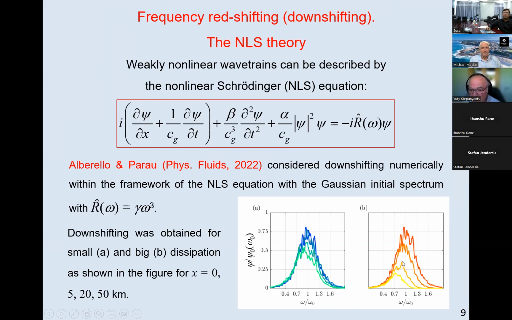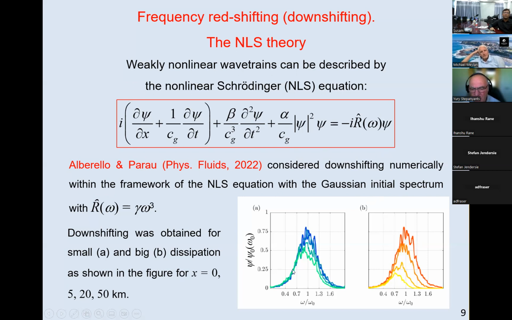So the downshifting was also observed through the numerical calculations, but there are some critical points regarding these results. First of all, when we consider the nonlinear Schrödinger equation, we assume that the initial spectrum of the perturbation should be relatively narrow.